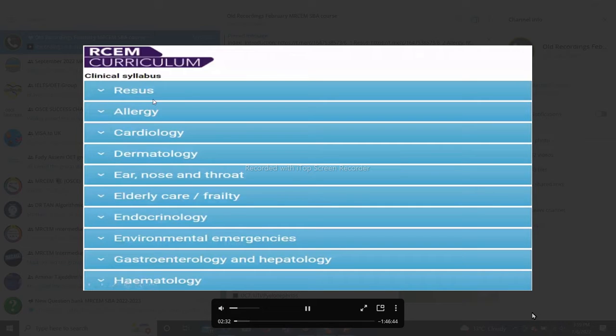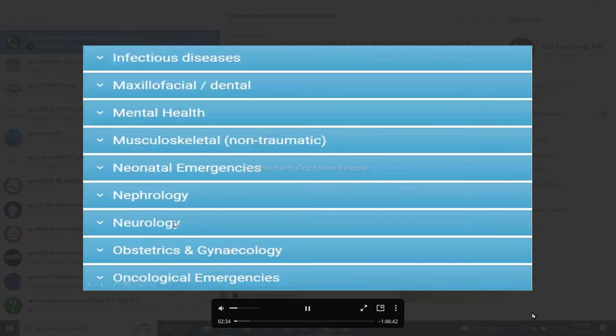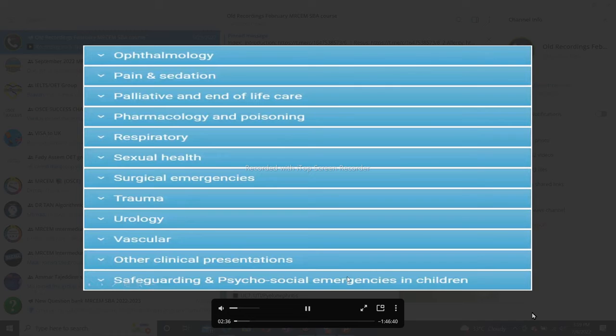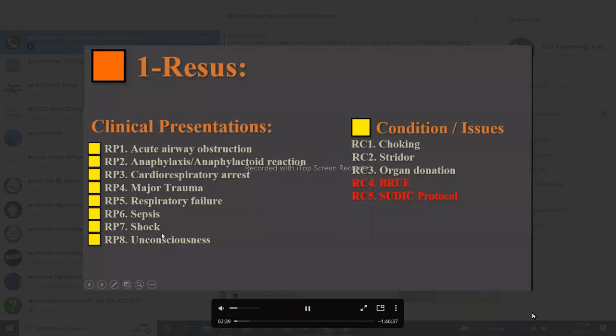So from resus up to safeguarding and psychosocial emergencies in children. Resus we finished already.